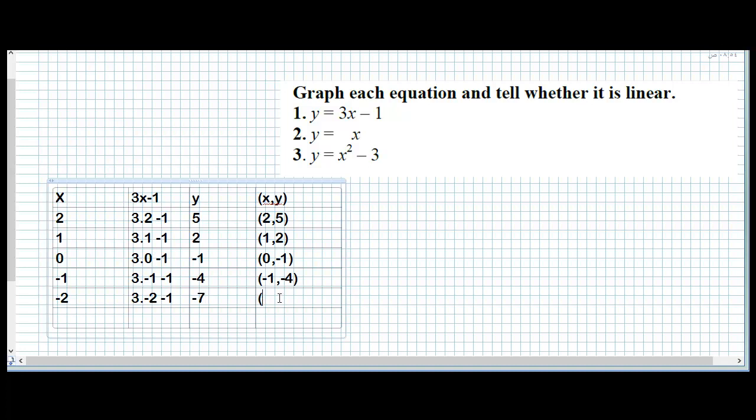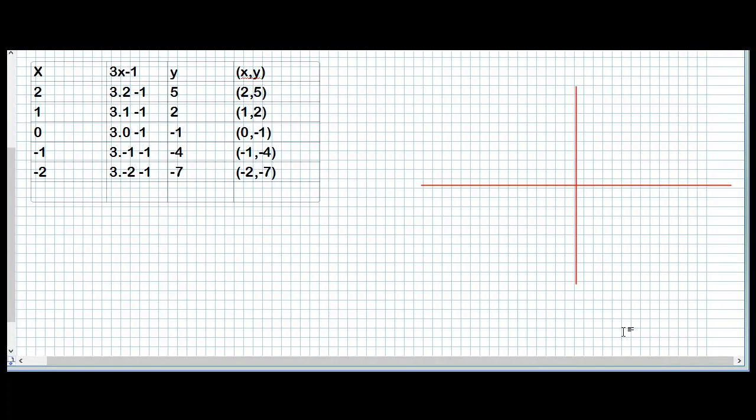So here we will have (-2, -7). After that, we will draw our coordinate plane, take those points and put them on the graph.